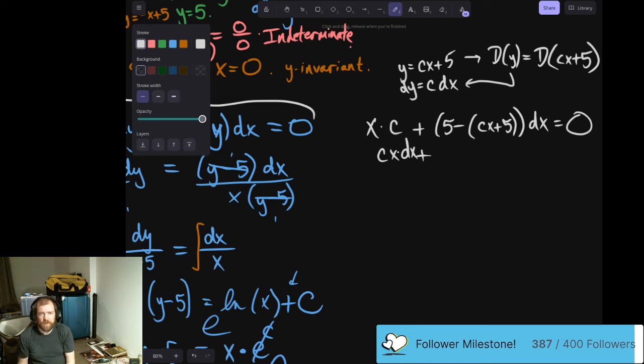And then over here we've got 5 minus cx minus 5 dx is equal to 0. And again, c dx. This is a plus 5 and a minus 5. That's 0. And a minus c dx.